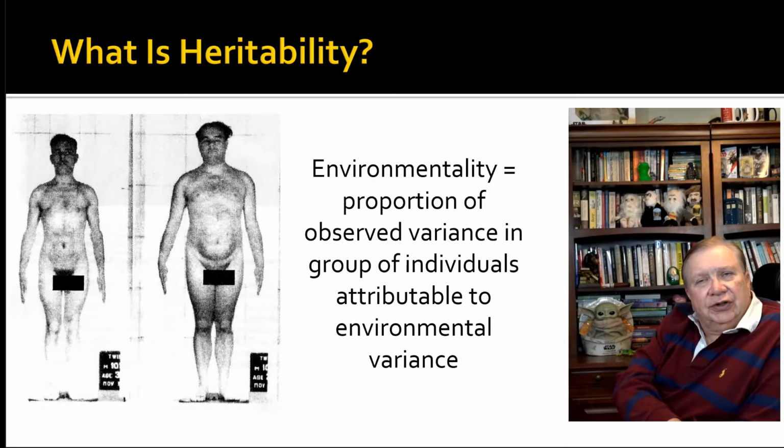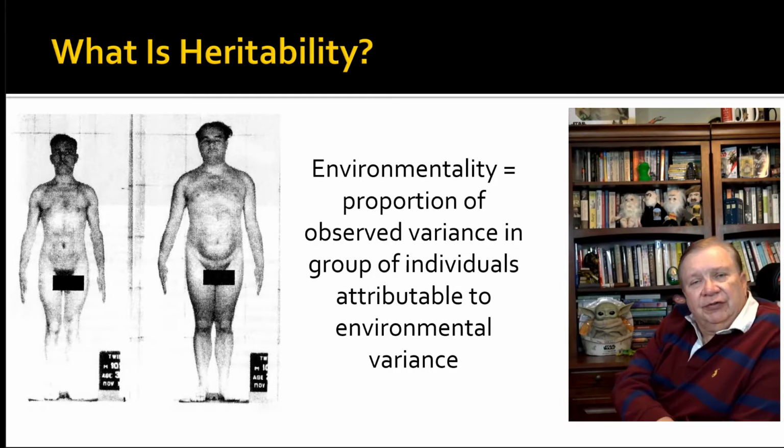Let's use this to define some things, like environmentality. Environmentality is the proportion of variance in a group of individuals that is attributed to the environment. So if you have a large number of extremely emaciated, malnourished persons, that's going to be due to something going on in the environment where there's malnutrition.